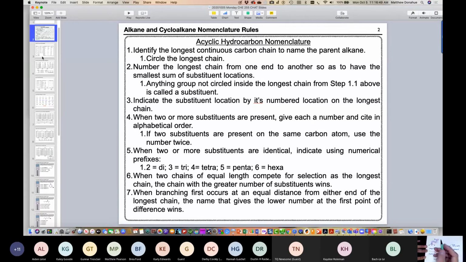So I'm going to start the numbering here. So 1, 2, 3, 4, 5, 6, 7, 8. So every carbon in that circle got a number.